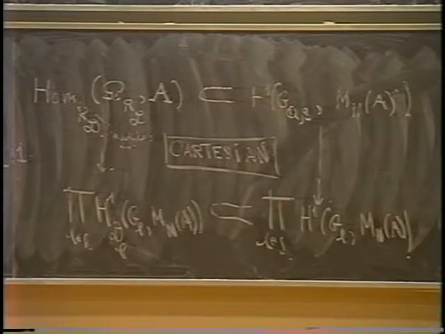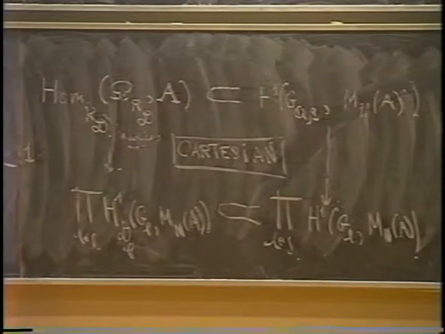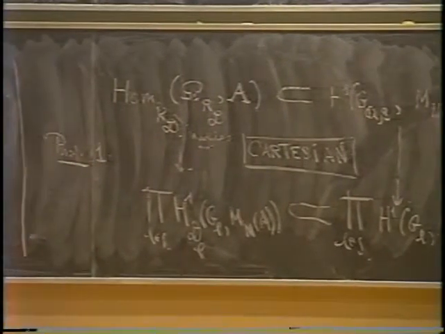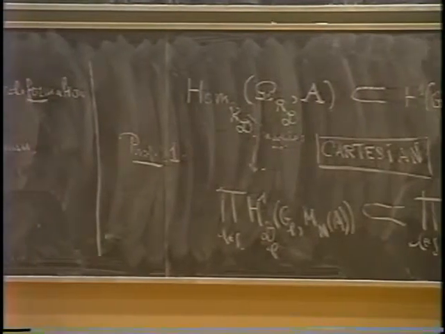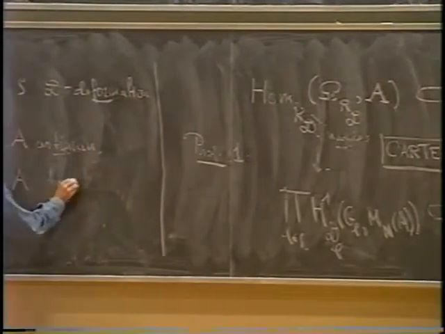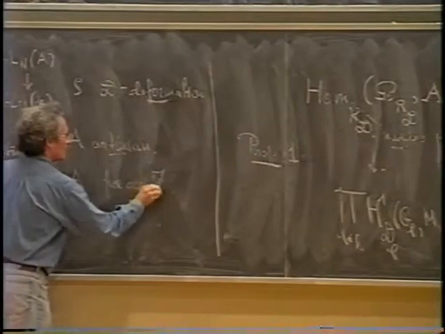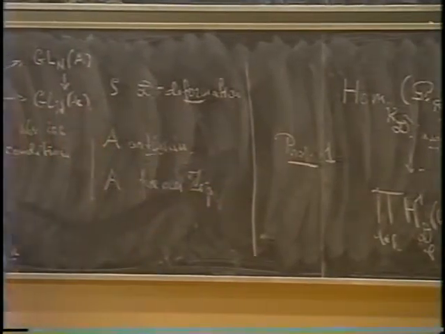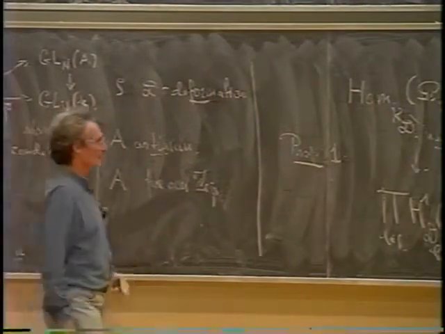As I said, I want to give at least another version so as to make the connection with what I imagine people might be dealing with in a later lecture. And one tends not to deal with the Artinian case. One tends more to deal with the case where A is free over Z_p, in which case this diagram looks a little different.